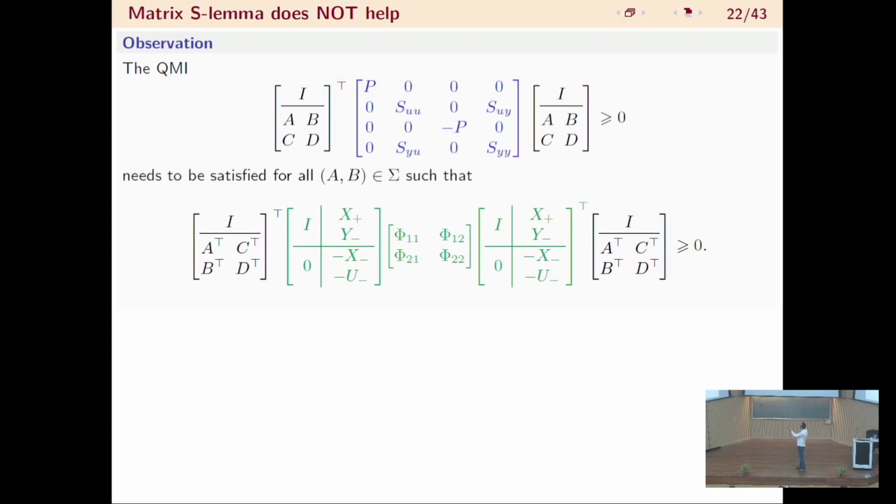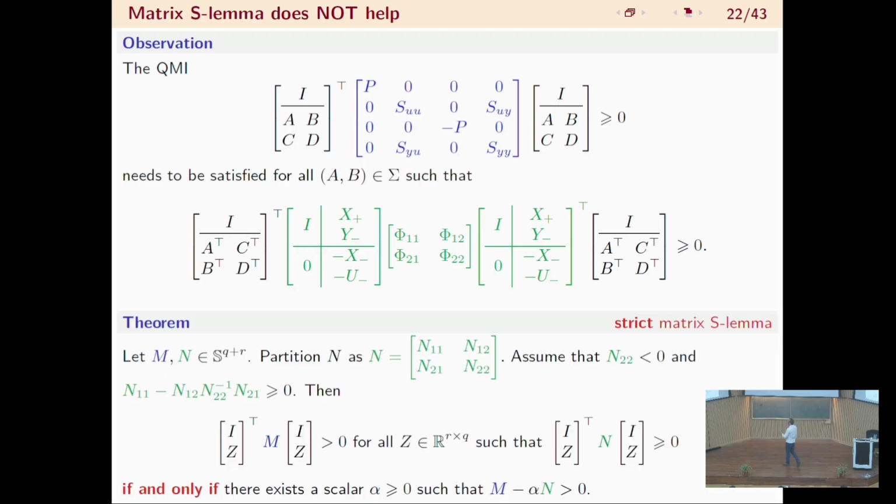I have A, B, C, D here, and its transpose here. So this was the strict matrix S lemma. As you see, I have Z here as unknown, Z here as unknown. But now I have A, B, C, D in one, and its transpose in the other one. So I cannot apply the matrix S lemma.